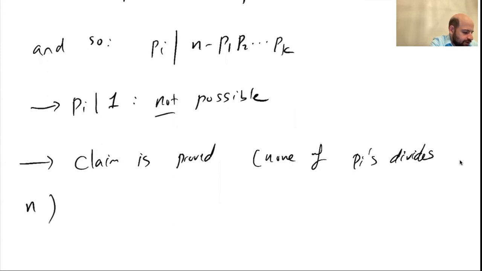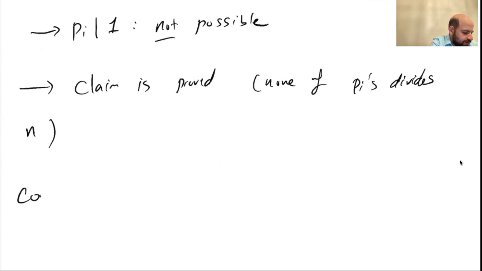And this is a contradiction. Why is it a contradiction? Because we know that by the fundamental theorem of arithmetic, n must have at least one prime factor, but none of the prime numbers in the world divides n.